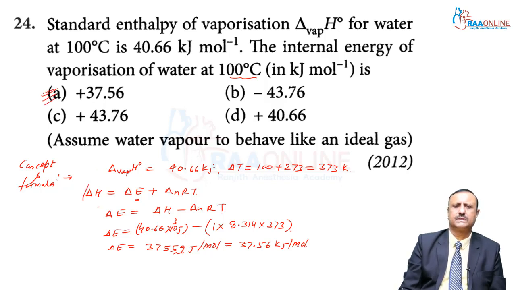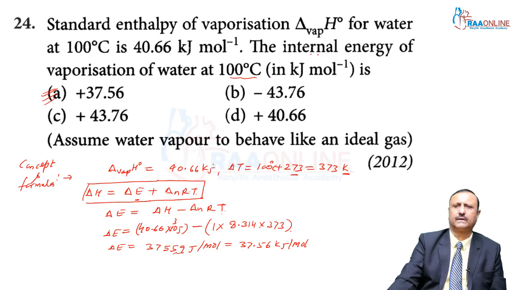My dear students, we use the formula delta H is equal to delta E plus delta nRT. First of all, delta H is given in the numerical, and it is converted into joule, 10 to the power 3. Temperature is given in degrees Celsius, so it is converted to Kelvin by adding 273. Here we want the internal energy.